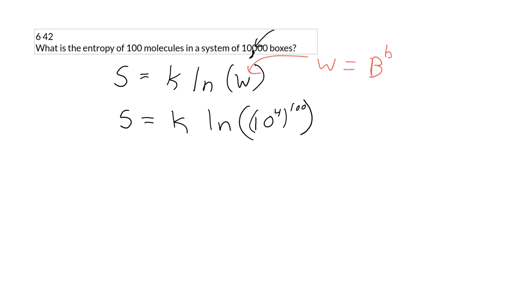Now, the first thing you're going to say is that when I try to put this into my calculator, I get a big calculator error because my calculator can't take raising something to the 100. Well, that's where some algebra comes in.